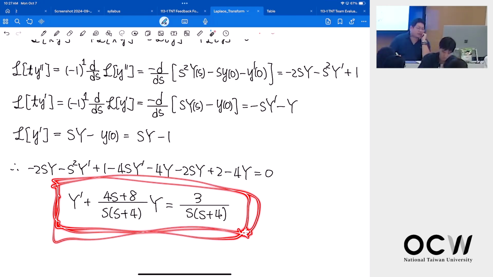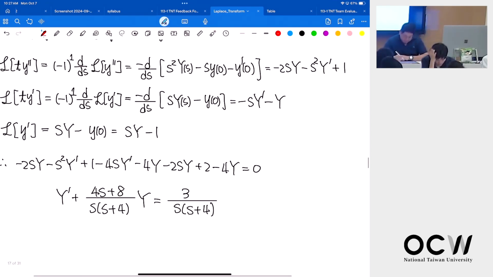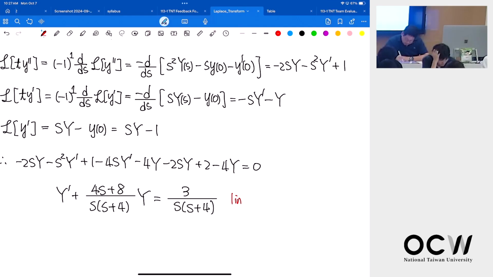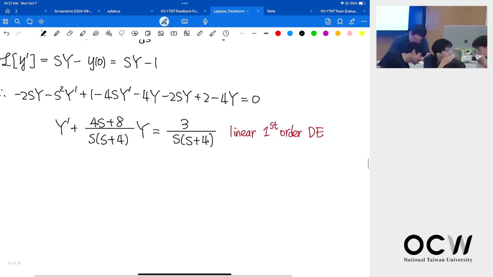Yeah. So what kind? First order and linear. Yes, that's linear. It's a first order differential equation. Then with your work, finally you will find the y.